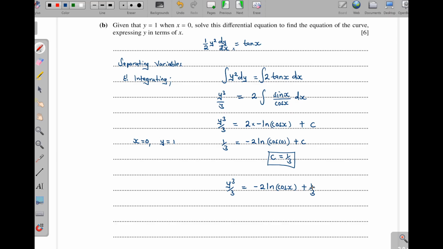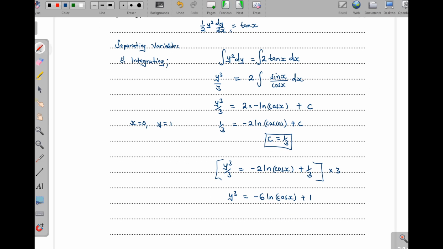You see that? Then from there, we can multiply all through by 3 to eliminate this denominator that we are seeing. So that means here we have y cubed, which is going to be equal to -6 natural log of the cosine of x, plus 1. You see that?